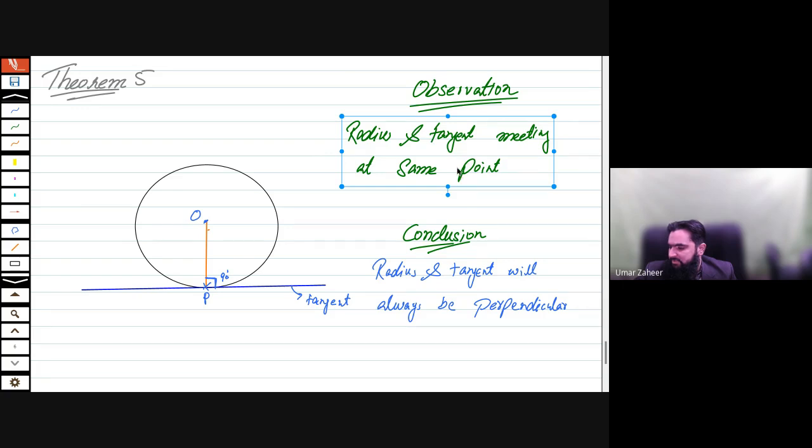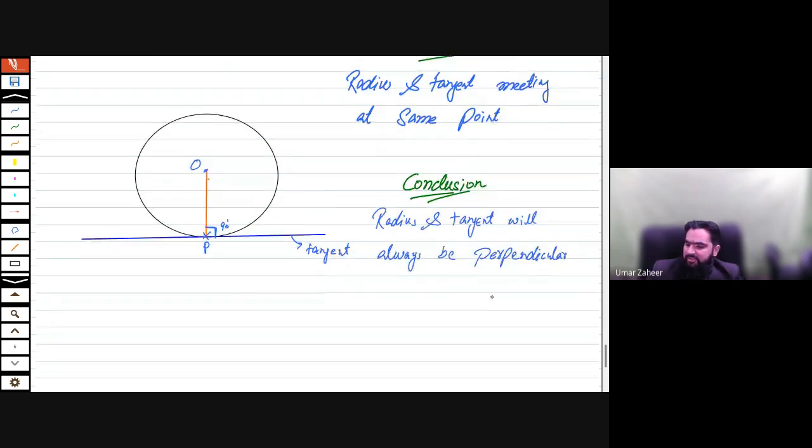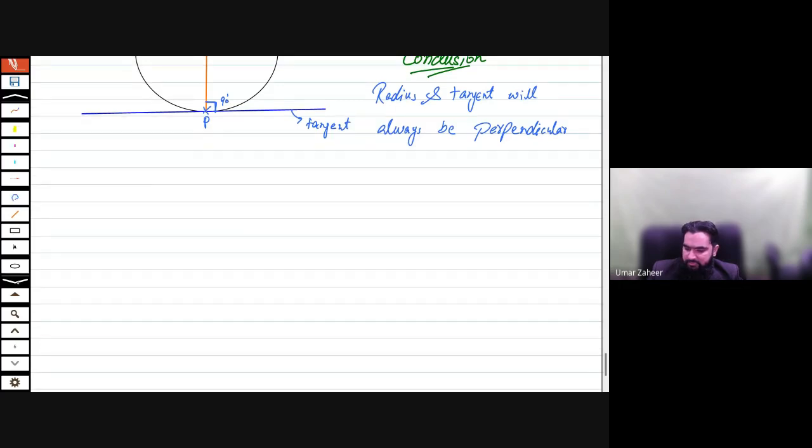Yes, I want it to be clear. Yes, sir. Any question up to here? Yes, Ariba. All right. So it can be different shapes. For example, let's say this is a circle, and I make a tangent here.